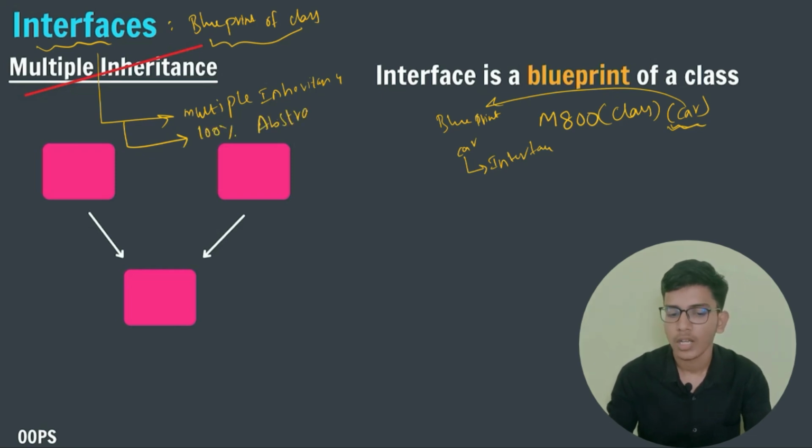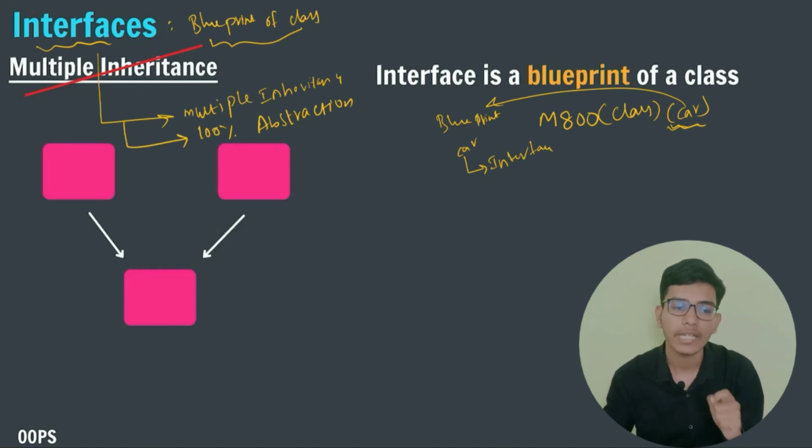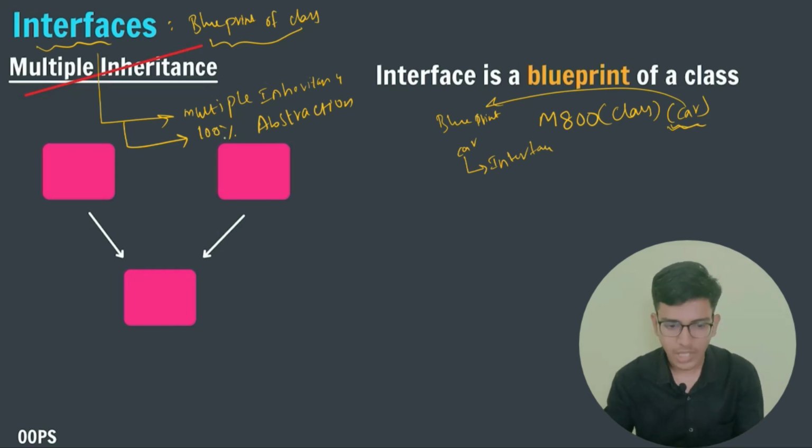In an abstract class we already saw that we can create non-abstract methods along with abstract methods, but with interfaces the idea is 100% theoretical, and we can't implement anything there. 100% abstraction and multiple inheritance take place.